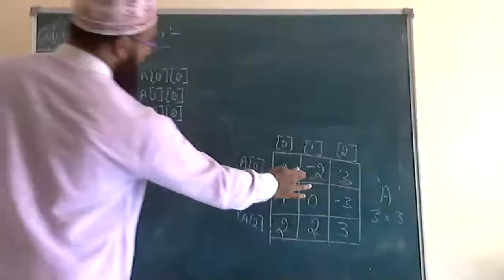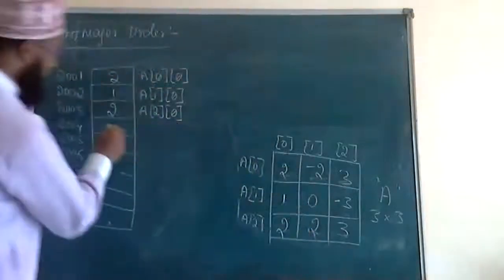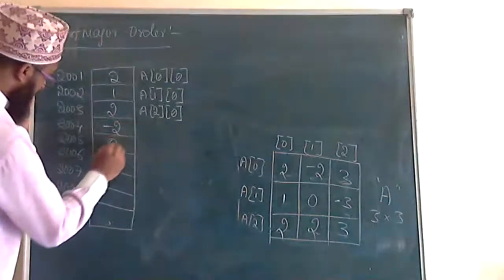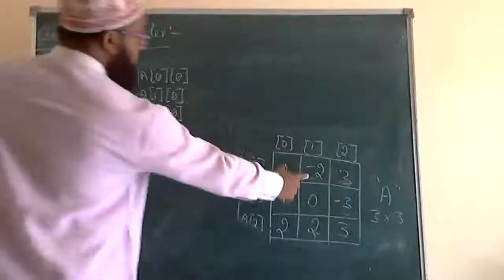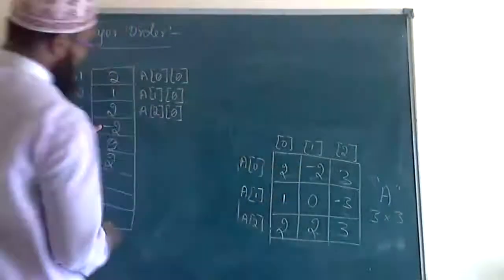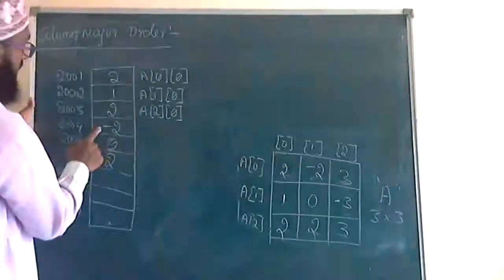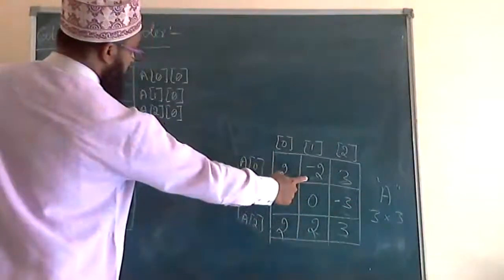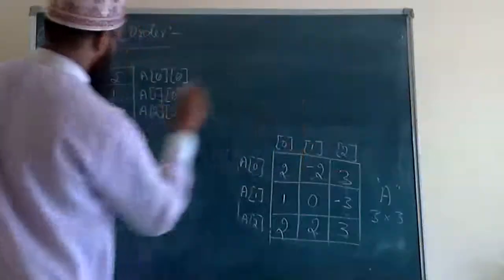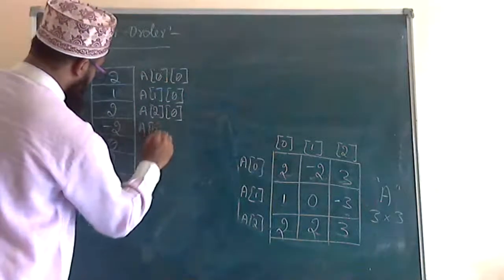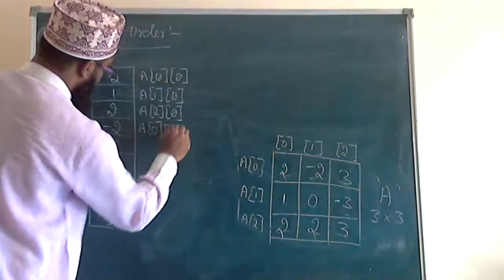Then take the second column elements, minus 2, 0, 2, minus 2, 0. For this minus 2, it is stored here. So for this, take the subscript, a of 0, 1, a of 0, 1.